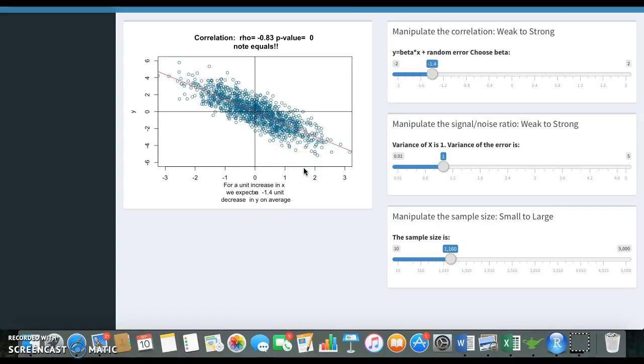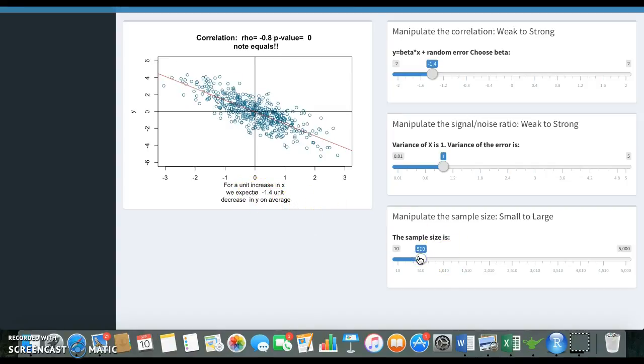Occasionally you'll see people bump that up, say for a 10 unit increase, if that coefficient is very, very small, and they multiply that up by 10. But generally it's for a unit increase. We expect a regression coefficient increase or decrease, this -1.4 here, unit decrease in y on average. So two really important points here: we have the expect and on average, very important.